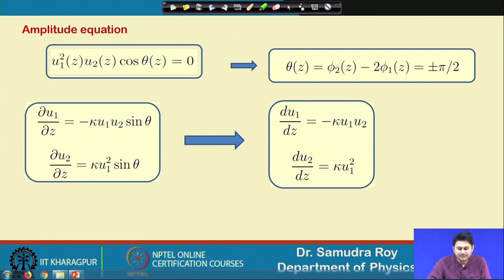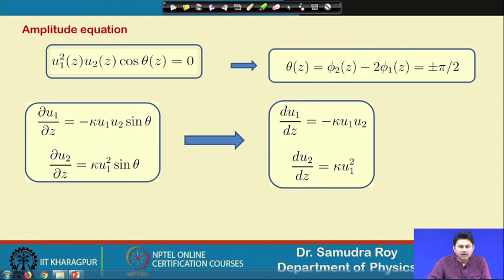That is interesting. Now, if I put this value theta as pi by 2, then these two equations shown downstairs, del u1 by del z and del u2 by del z, which give the evolution of the amplitudes of u1 and u2, can be written in terms of theta as kappa u1 u2 sin theta and kappa u1 square sin theta.